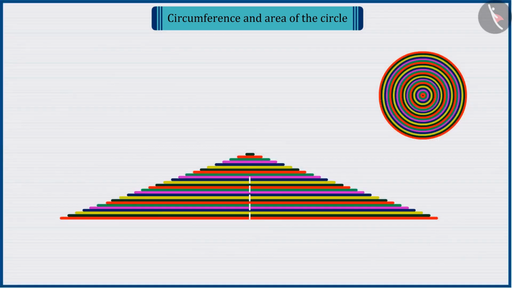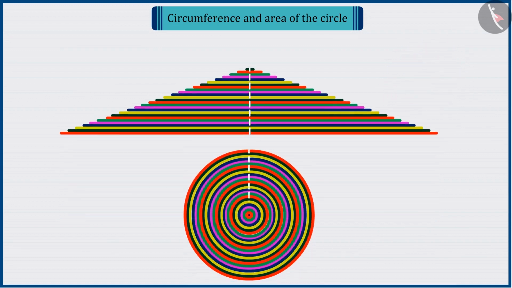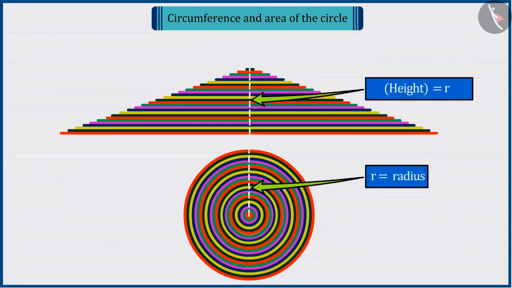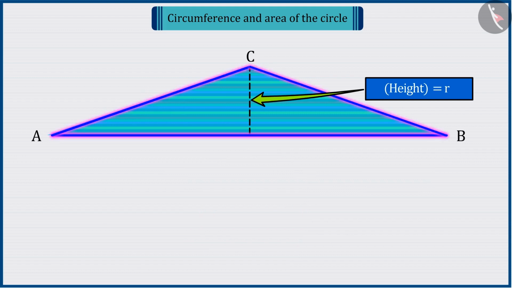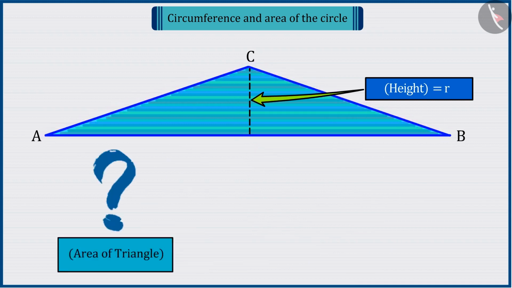And the height of this shape is nothing else but the radius of the outer circle, which we represent using r. Observing this shape carefully, we can say that this shape is a triangular one. So can you tell how we can find the area of this triangular shape?